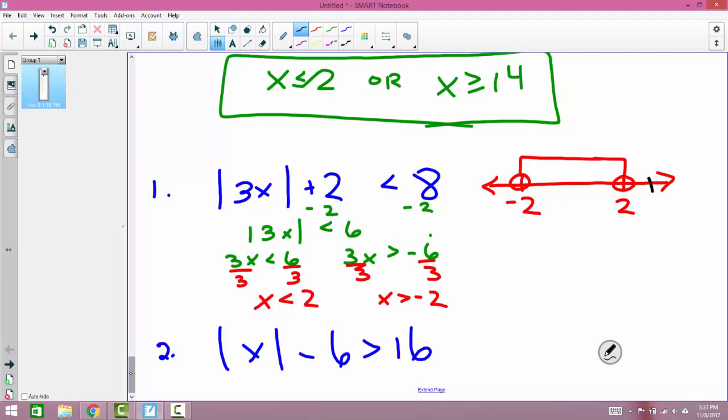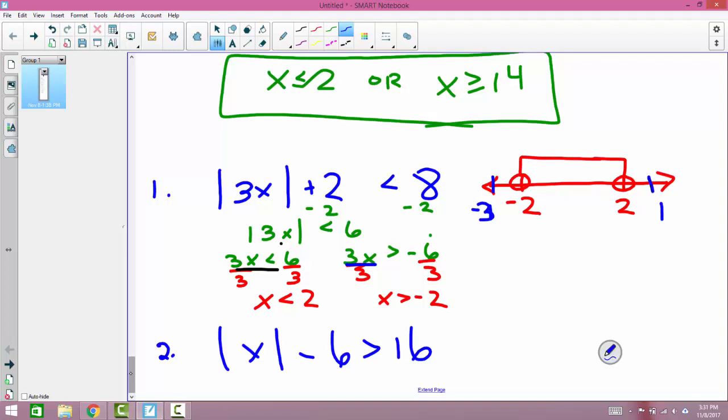So 9 is not greater than 6. And then I'm going to plug in negative 3. So 3 times negative 3 is negative 9, and negative 9 is not greater than 6.